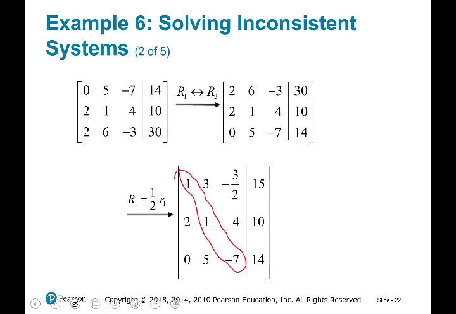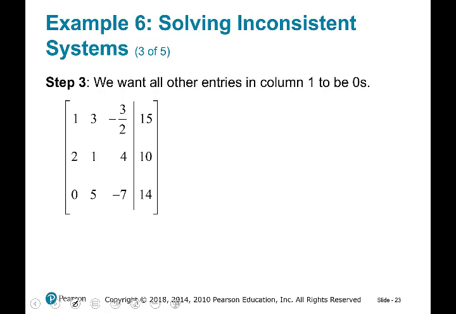So interchanging rows, multiplying by constants. I'm kind of breezing through this, but please pause and work on the matrix.